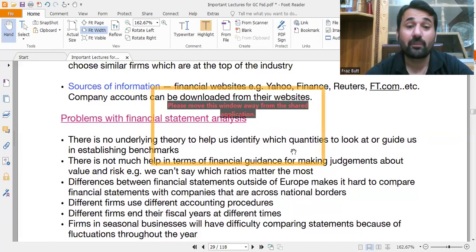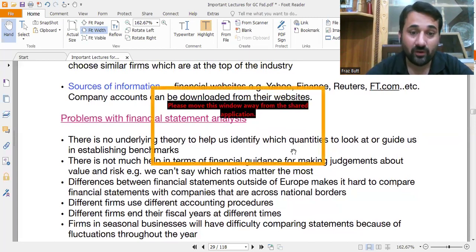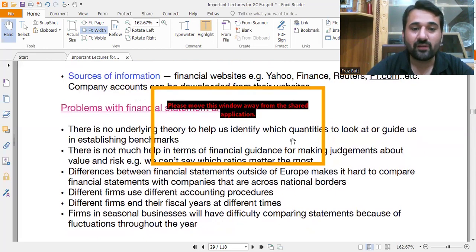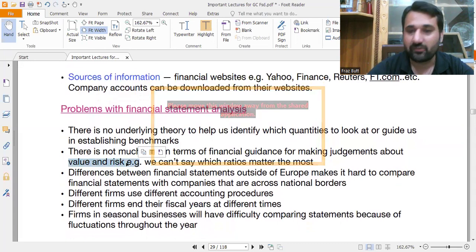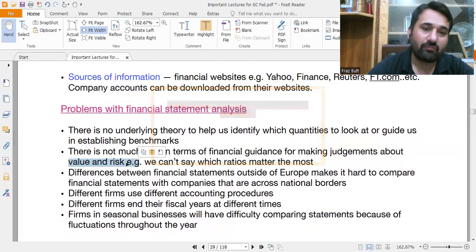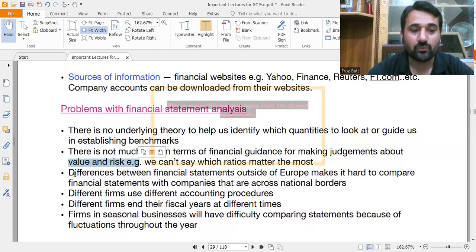For some companies, the profitability ratio should be on the top level. For some companies, the asset turnover ratio should be on the top level. So this can also be a problem because there is not a fixed ratio which is valuable always for every company. And there is a difference of value and risk associated with each financial ratio. Every financial ratio is bound to have its own risks and its own value.